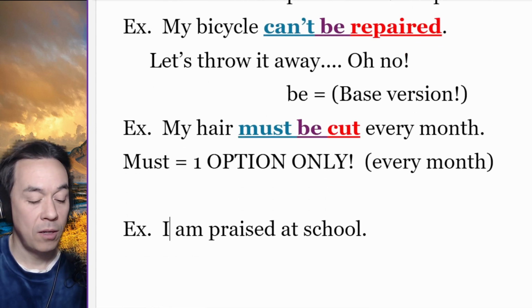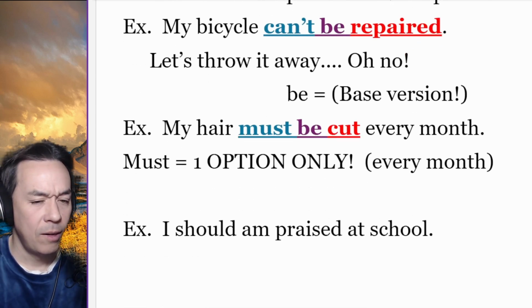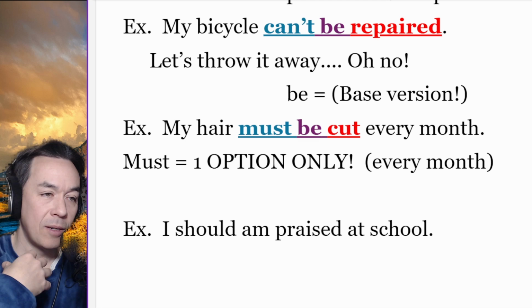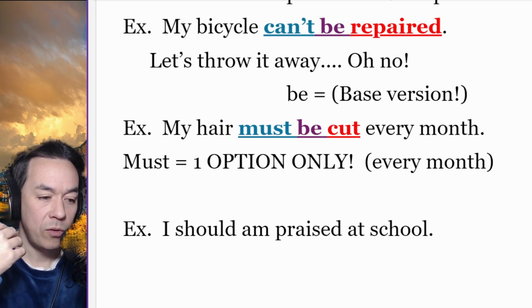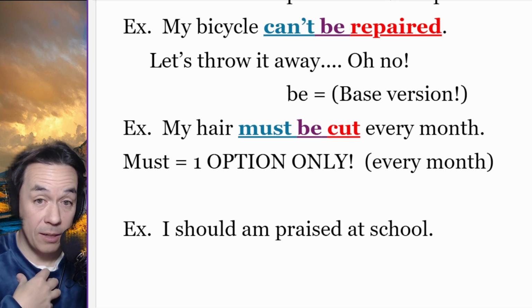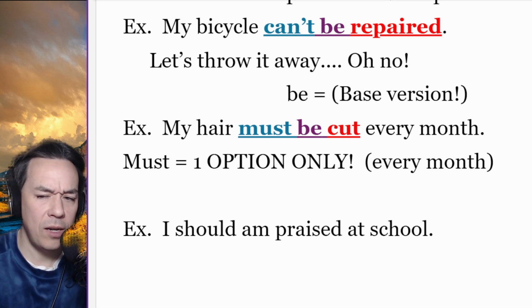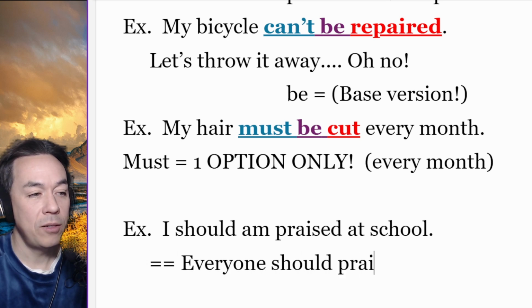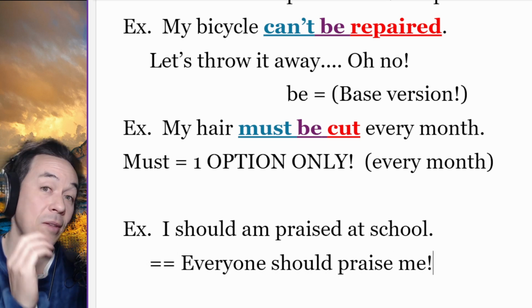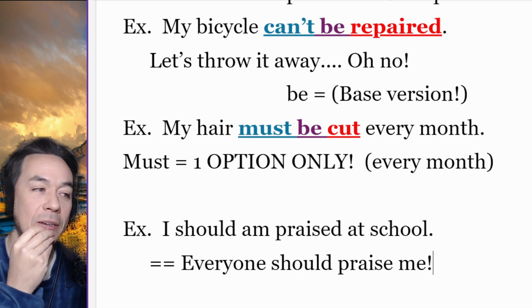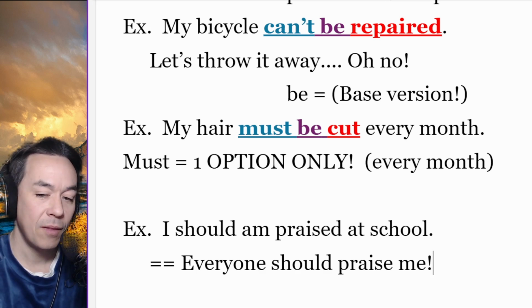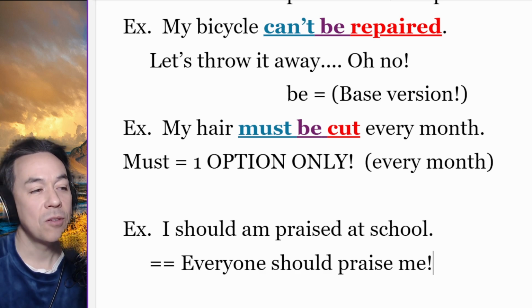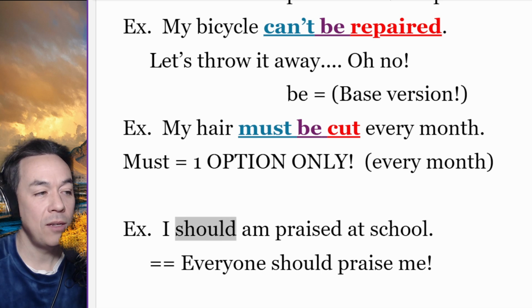So I should. Now I'm the speaker. I'm saying it's good. It's a good idea to praise me. That's good. Everyone should. Maybe that's what it's saying. Same meaning. It means everyone should praise me. So yeah, this type of person is saying, I'm good. Everyone should praise me.